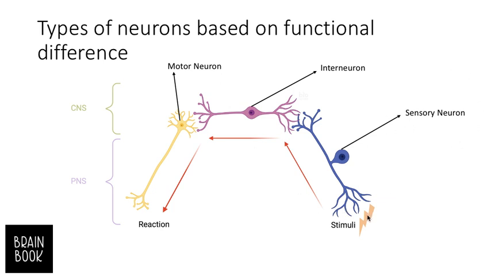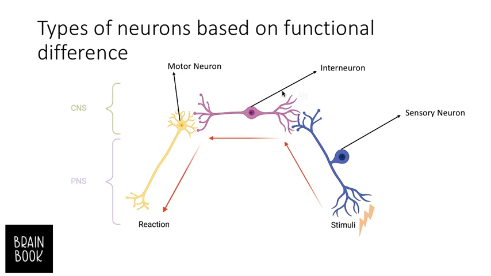It's a sensory neuron because it receives stimuli from our environment, from our sensory receptors, and transmits the impulse to the central nervous system, into the interneuron. The interneurons are located in the central nervous system, while the sensory neuron is located in the peripheral nervous system. And the interneuron is responsible for transmission of impulses to the motor neuron.